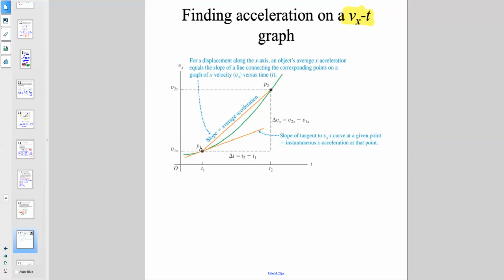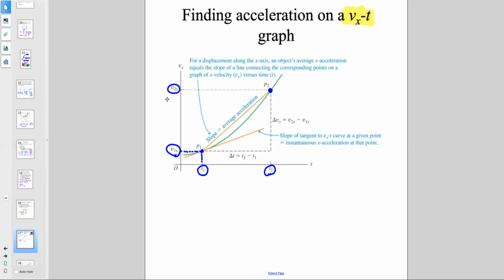So right here, for example, on point 1, I have a time of t1. The velocity is v1x. At point 2, I have t2, and the velocity is v2x.